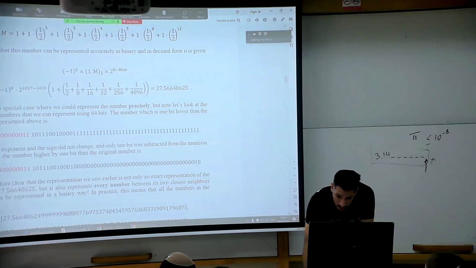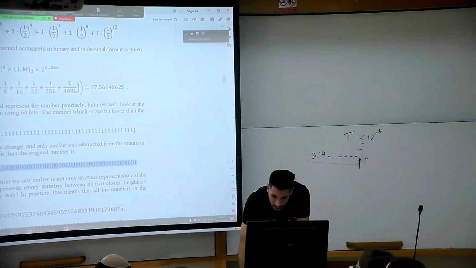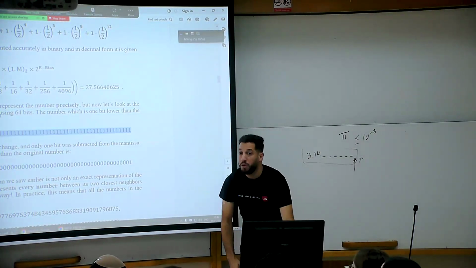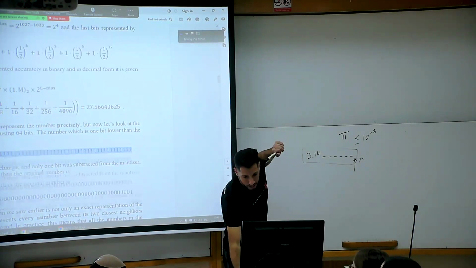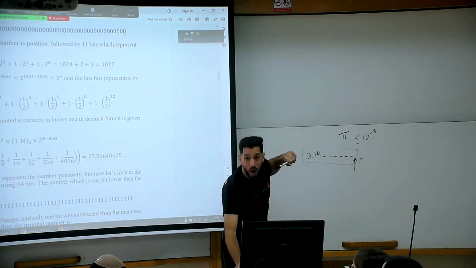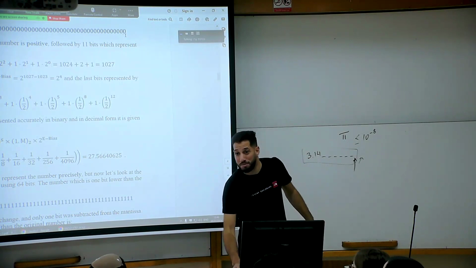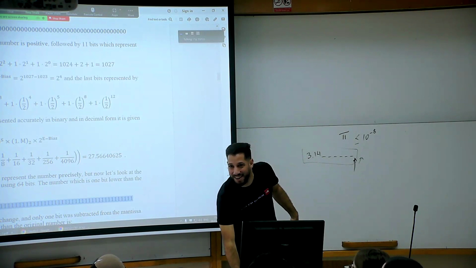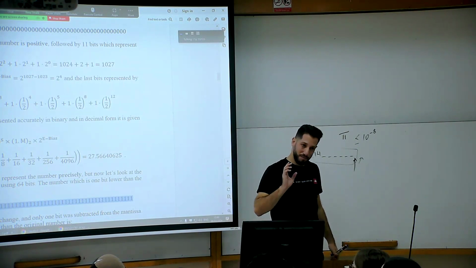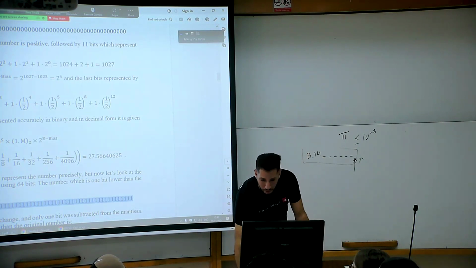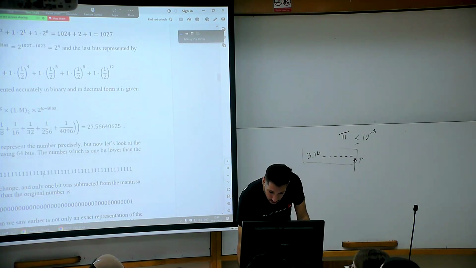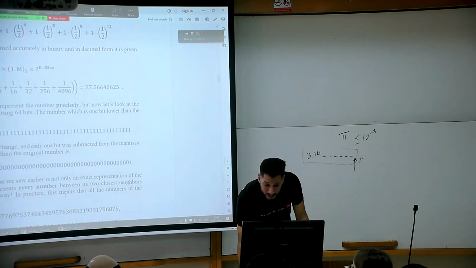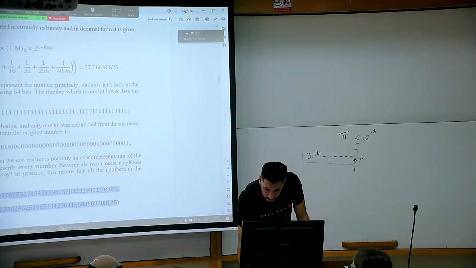So numbers between this and this, the computer might store them as this. Why do I say might? Because it might store it like this also. But I know that my error is bounded by the 0, 0, 0, 0, 0, 1, and these two numbers in our decimal representation are these.